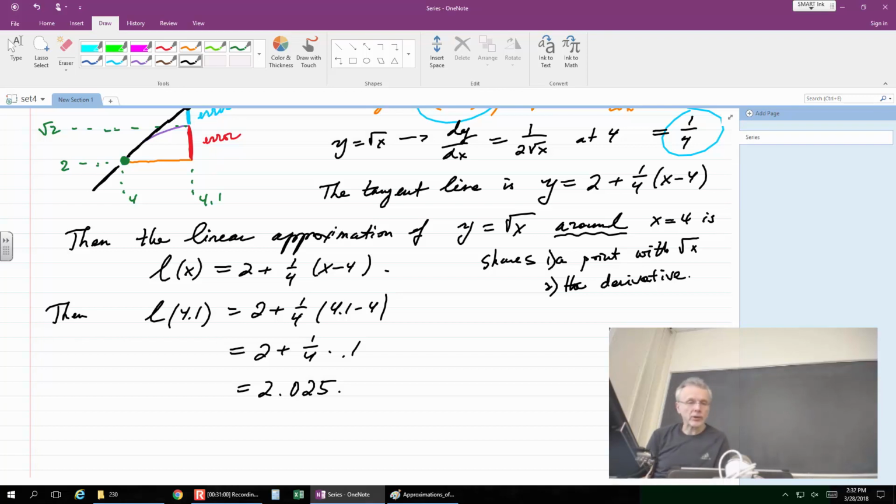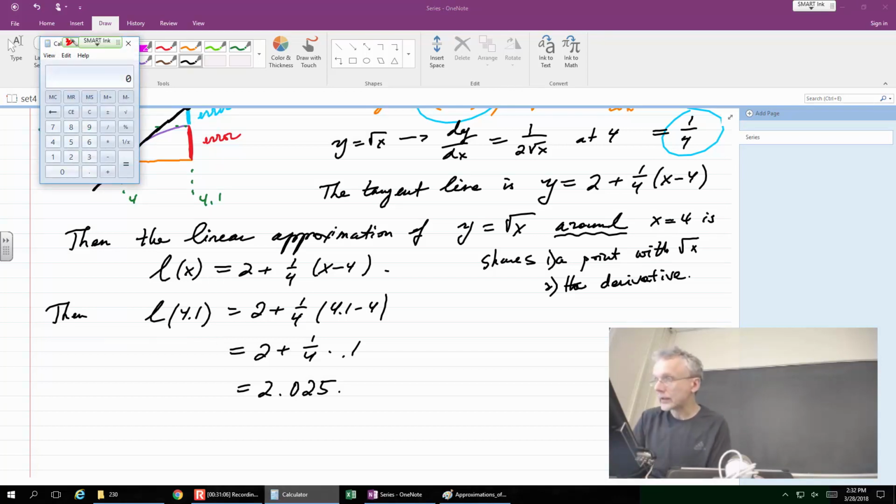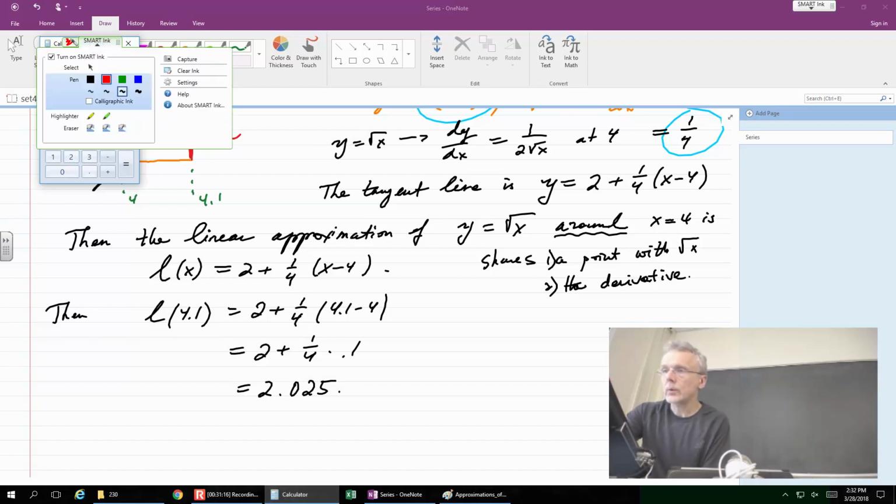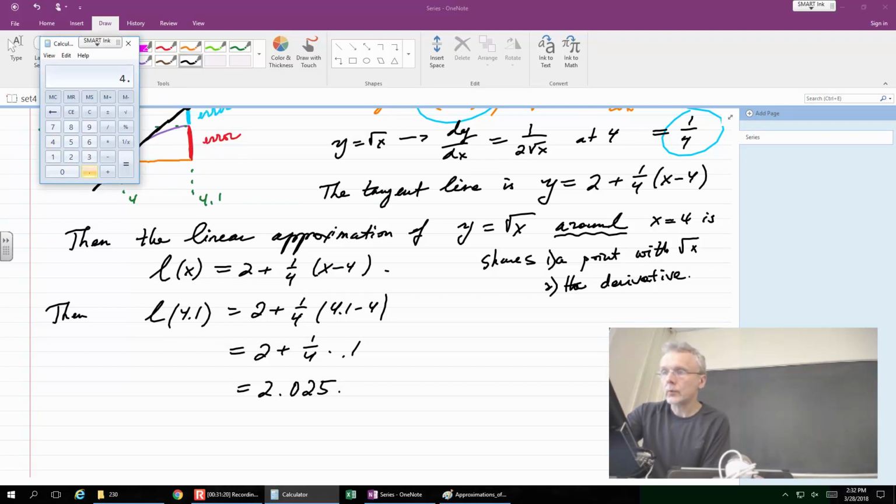How close it is to the truth, you certainly can verify with a calculator. Let's show that it is better than our first approximation. So 4.1 square root.